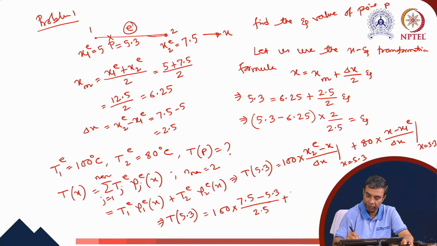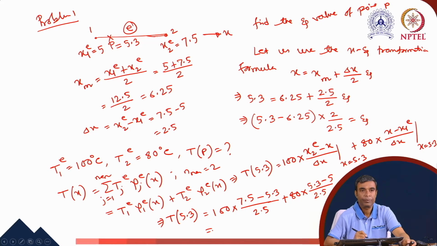The second portion is 80 into (5.3 minus x1e, this is 5) divided by 2.5. So by calculating, we can find this temperature at point P.